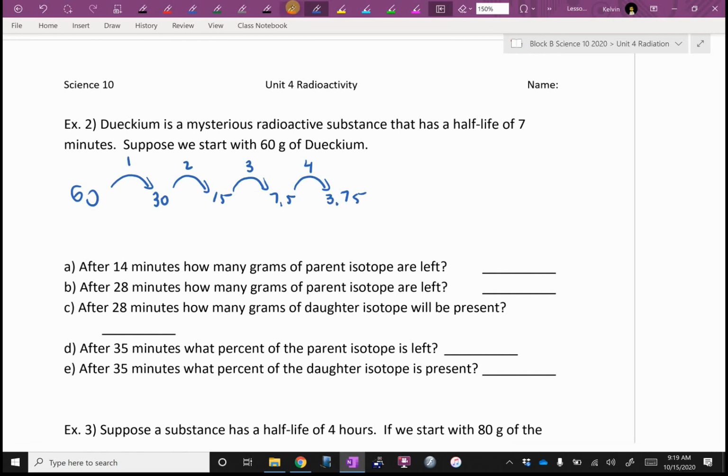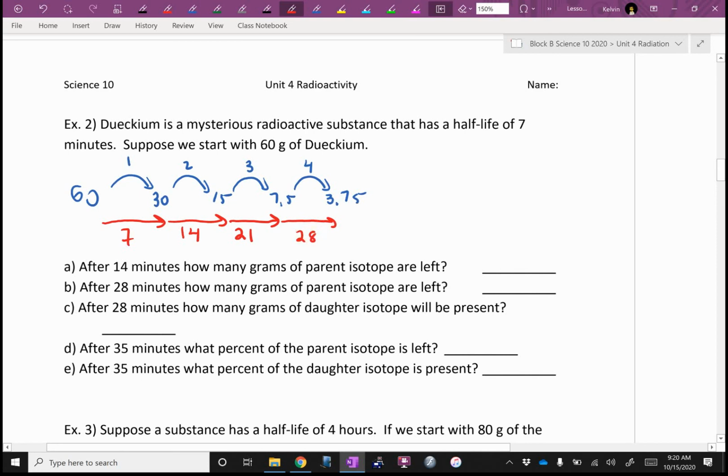And then underneath that, I also put, instead of half-lives, the amount of time. How many minutes is 1 half-life? I'll put a 7 there. 2 half-lives, that must be 14 minutes grand total. 3 half-lives, that must be 21 minutes grand total. 4 half-lives, how many minutes?